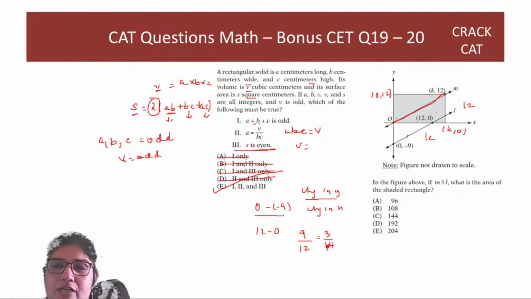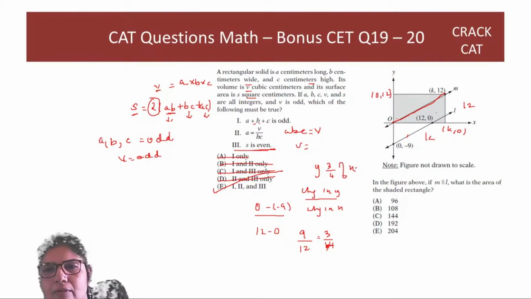That means y changes 3 by 4 of x. Right? Hence, if y has changed by 12, from 0 comma 0 it has become 12 comma 0, x must have changed by 16. So k is hence 16 and the area is 16 into 12, which is 192.